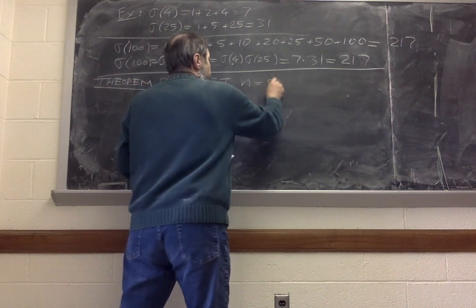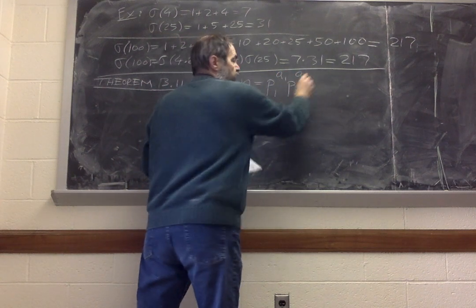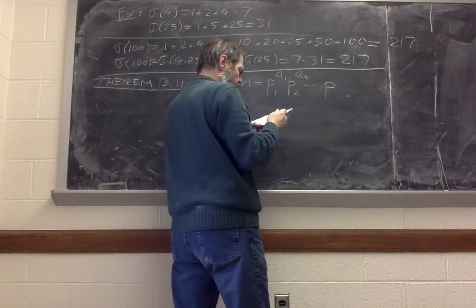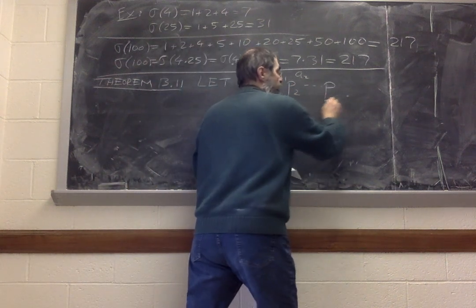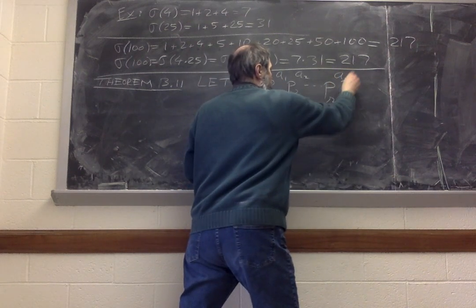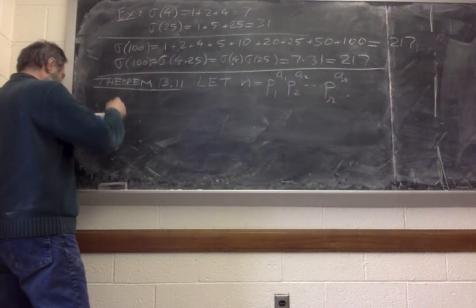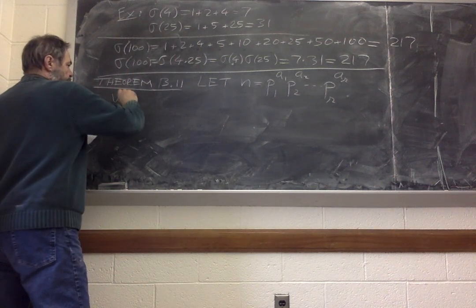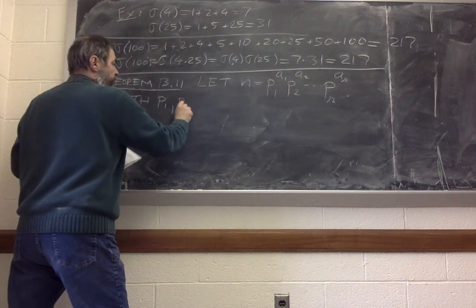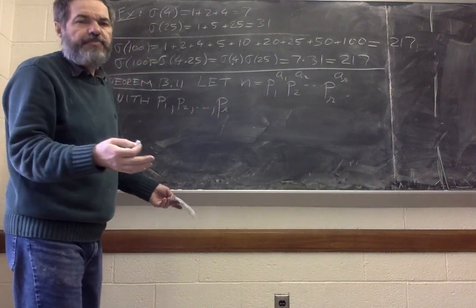It's p1 to the a1 times p2 to the a2, and so on. It doesn't matter how many we have, say r different primes, to the a sub r. And again, with p1, p2, through pr, distinct prime numbers.